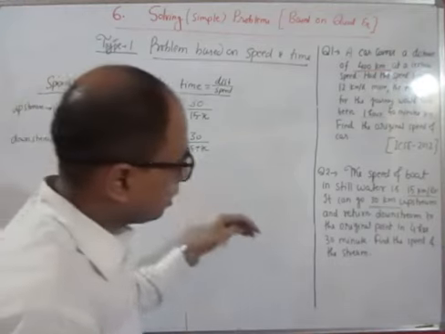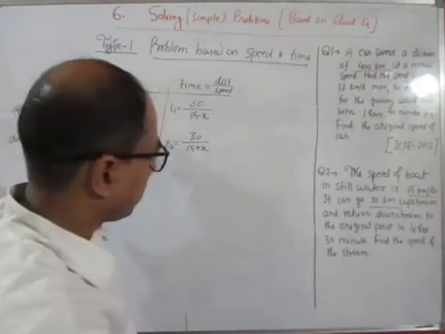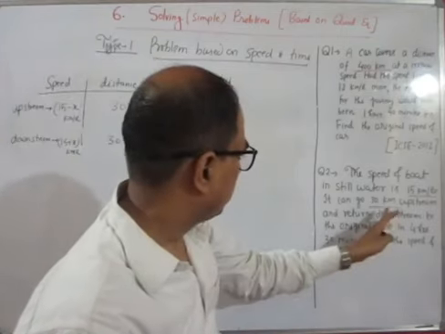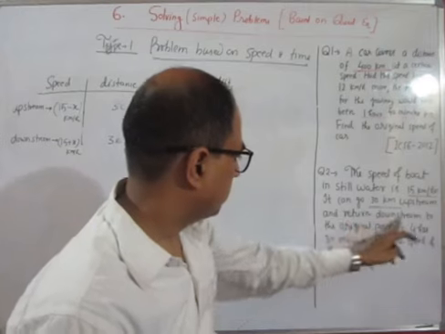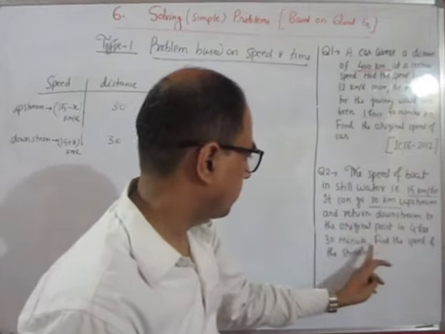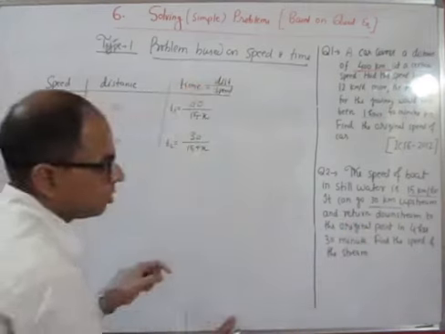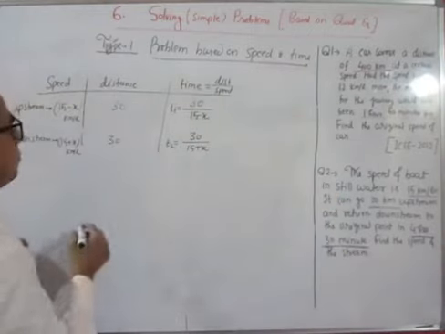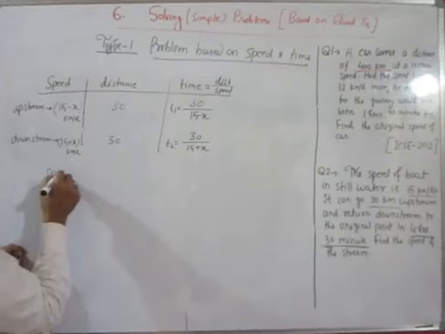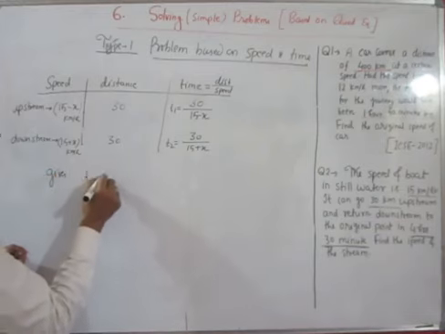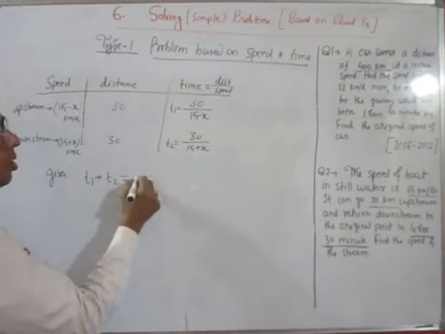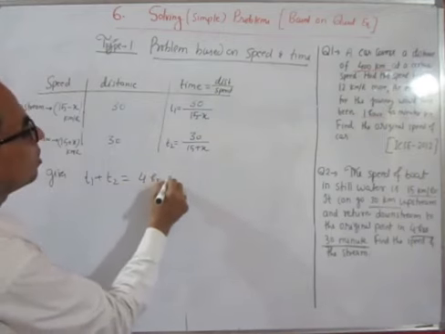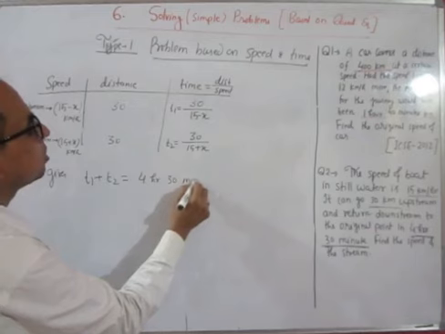Now what is the total time taken? Here the sum of this time is given. It is written here: return downstream to the original point in 4 hours 30 minutes. So the total time taken is 4 hours 30 minutes. Given T1 plus T2 is equal to 4 hours 30 minutes.